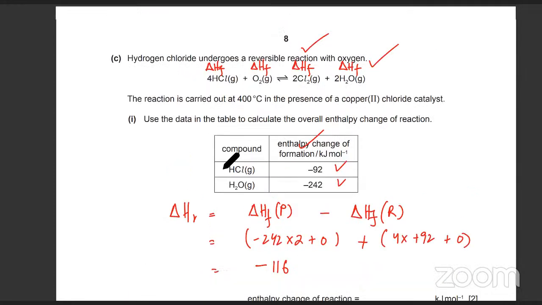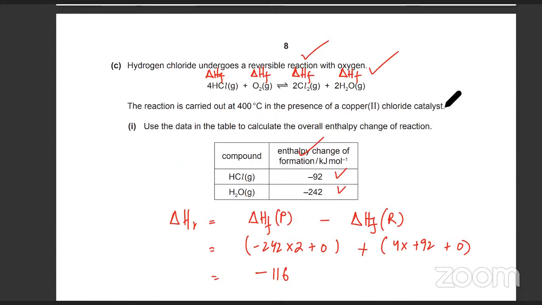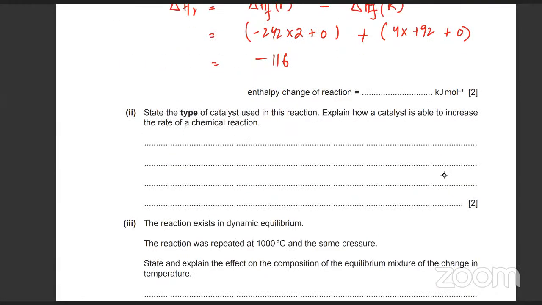So what type of catalyst is used? There's a copper 2 chloride catalyst, which is a solid. The other ones are all gases. So that's a heterogeneous catalyst. That's the answer. When the catalyst has a different phase or state, it's going to be referred to as a heterogeneous catalyst.